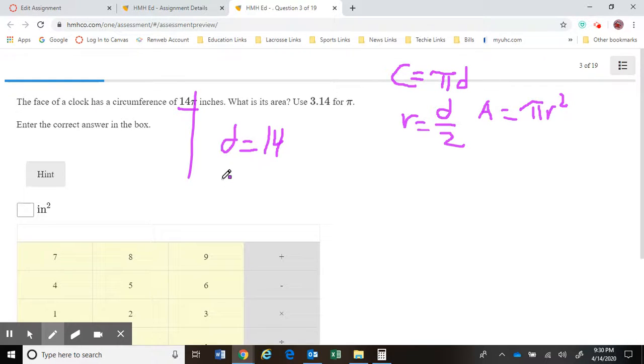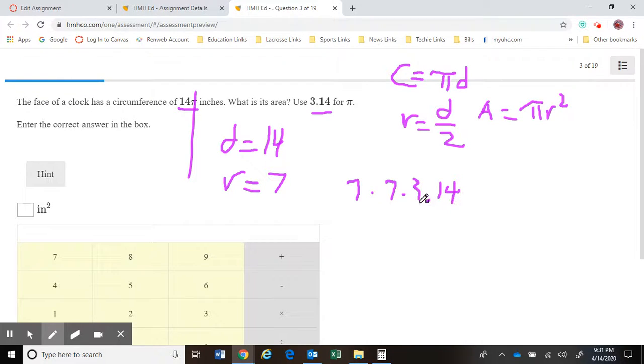What's my radius? Well, radius is diameter divided by 2. So half of 14 would be 7. And now just plug it in right here. This time we're going to use 3.14. So 7 times 7 times 3.14.